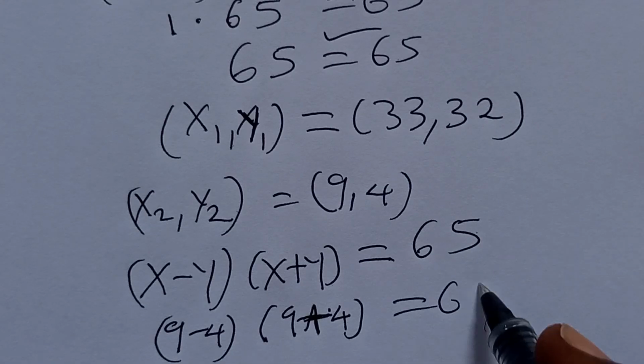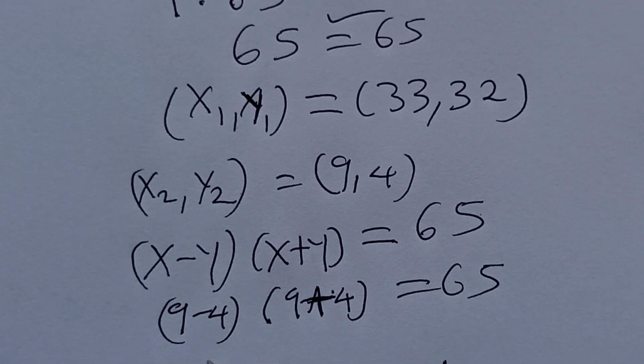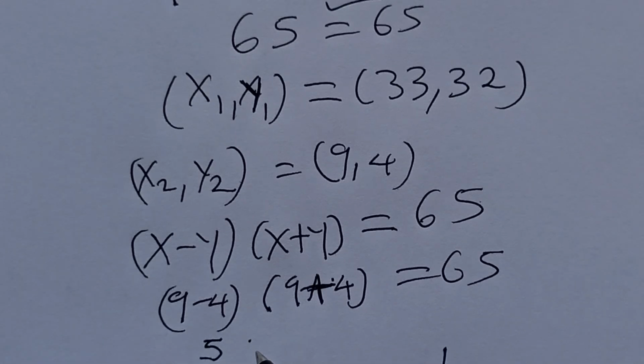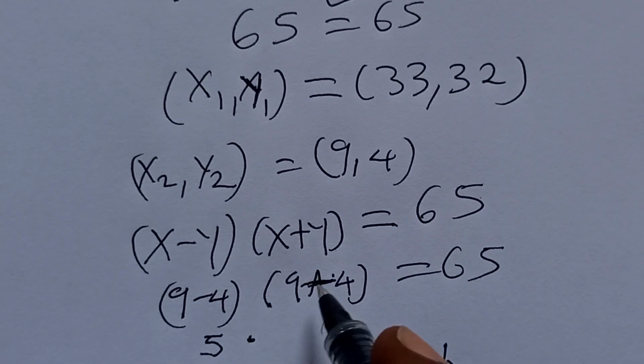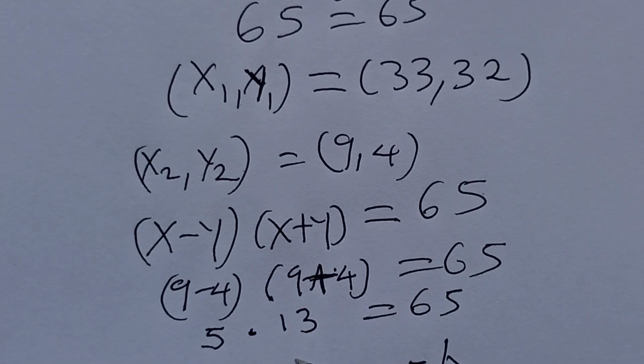Is that going to be 65? What is 9 minus 4? 9 minus 4 is 5. So 5 times 9 plus 4 is 13. So we can see that this is actually 65. So now this is 65 equals 65, which implies this is correct.